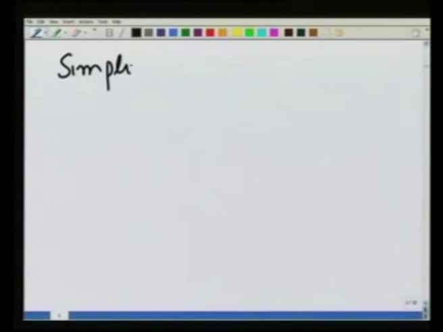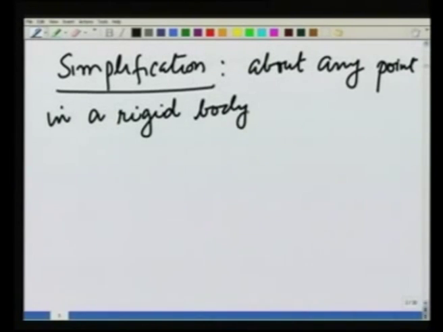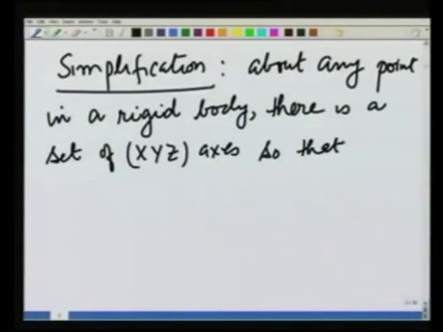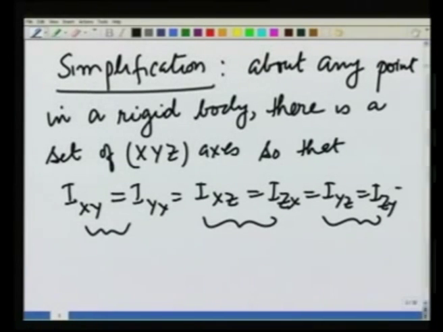However, what we learned is that there is a simplification, and that is about any point in a rigid body there is a set of x, y, z axes, one particular set of directions, so that all off diagonal elements Ixy, Iyx, Ixz, Izx and Iyz, Izy, these anyway are equal, but they are all equal to 0, so that the angular momentum is now quite simple.